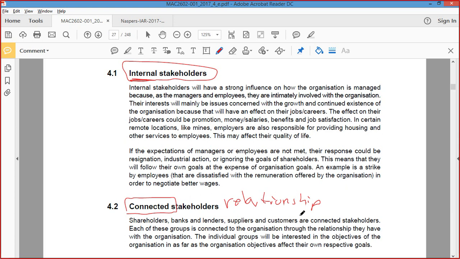So, for example, if I talk about a family, internal would be you, your mom, your dad, your brothers and sisters. Connected stakeholders would be maybe the cousins or the aunts and uncles or the grandparents. So they're connected, but they're not internal. They're not part of that core, if that makes sense.